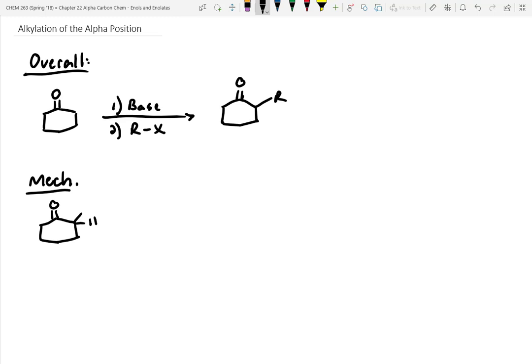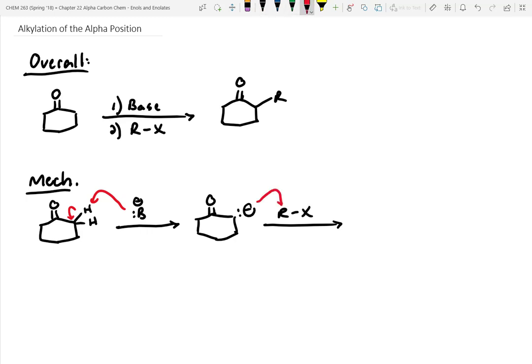So, like I said, we have alpha protons on either side. Doesn't really matter which side you grab because it's symmetric. This base typically is a pretty strong base. So we'll steal one of these alpha protons. Make our enolate.